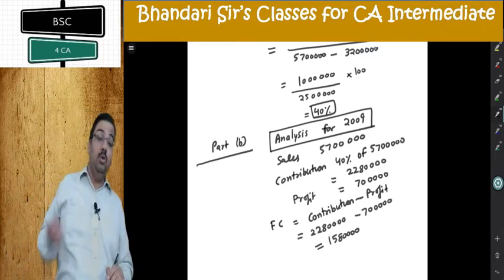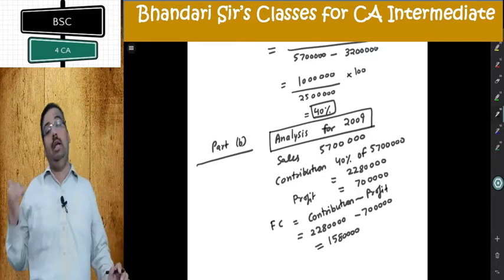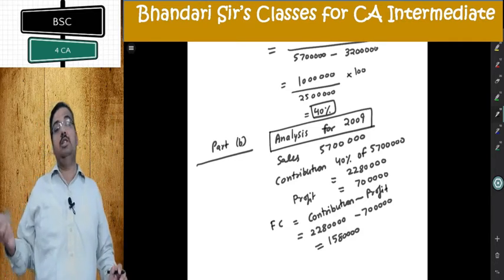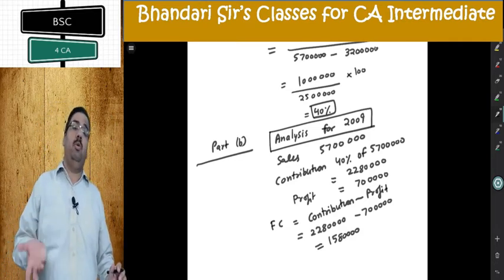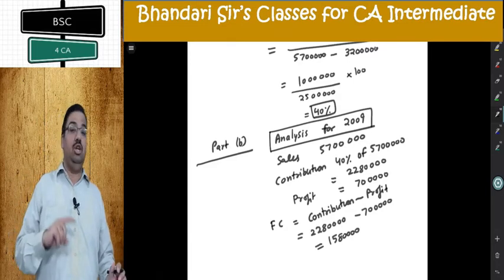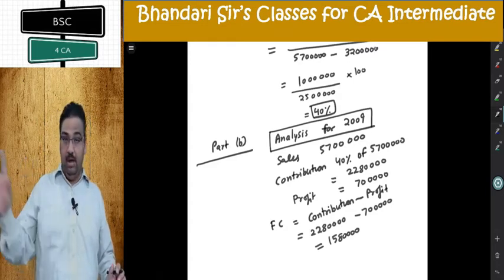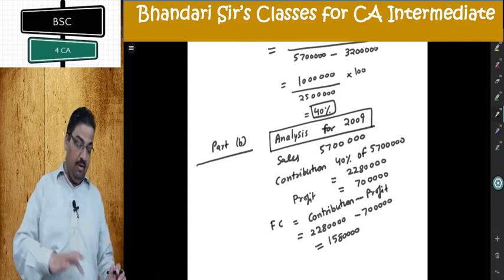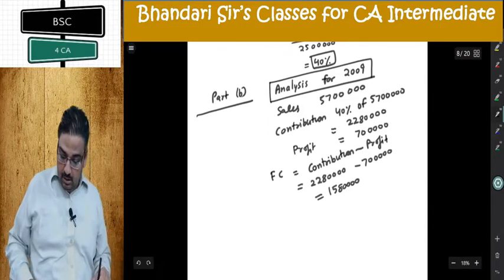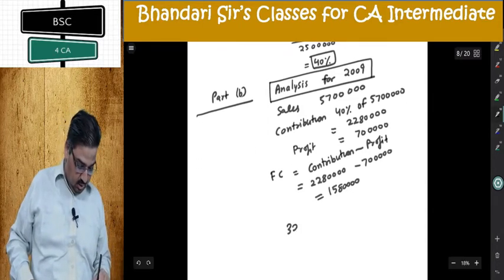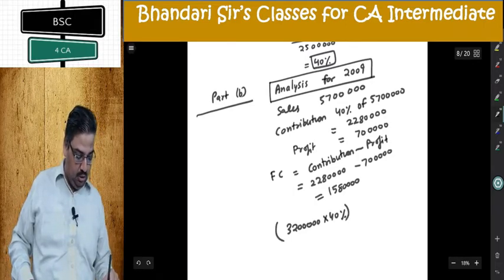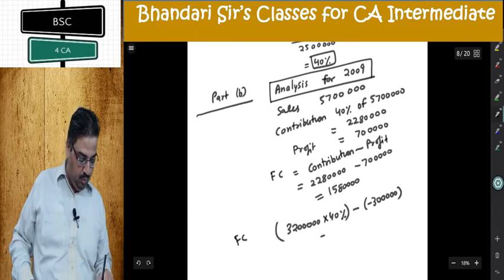That is part B. You could do similar analysis for 2008. Instead of profit, there is loss. So negative profit figure is a loss. You will get same fixed cost. Fixed cost cannot be different in different years. I can verify for your understanding. This is 32 lakh into 40% is contribution minus profit, minus 3 lakh should be equal to fixed cost.